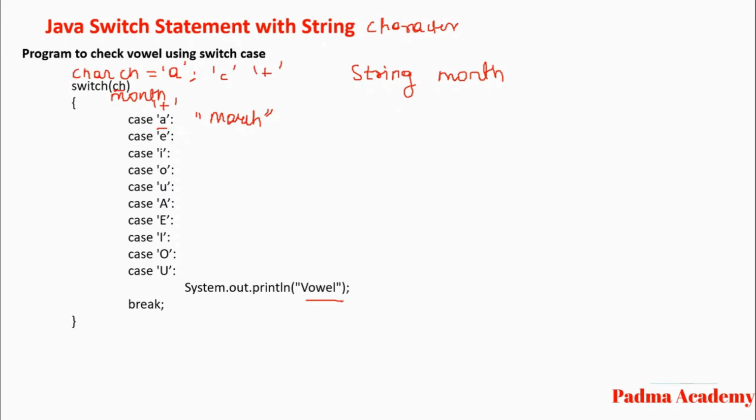Double quotation marks are necessary because you are writing a string, not a character. Then February, then you can write May, anything in the cases. Then after the double quotation mark, the colon sign. So in this way you can use the string also.